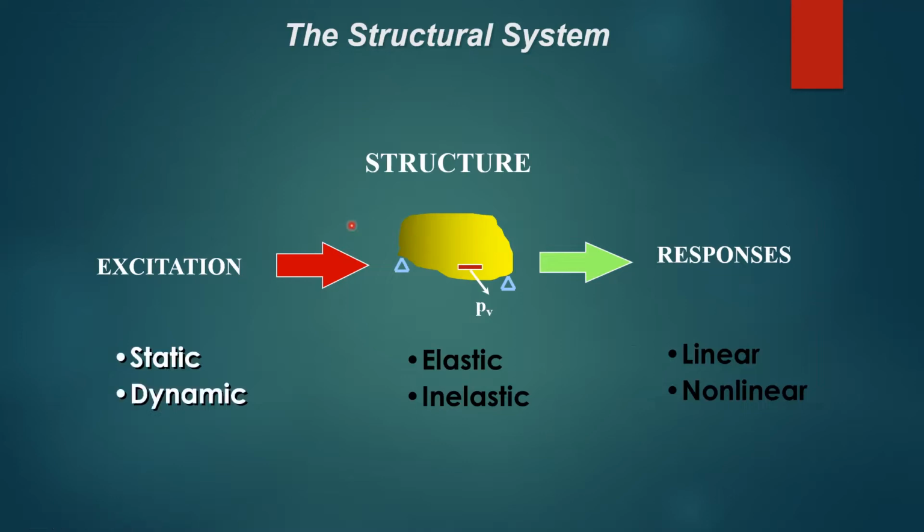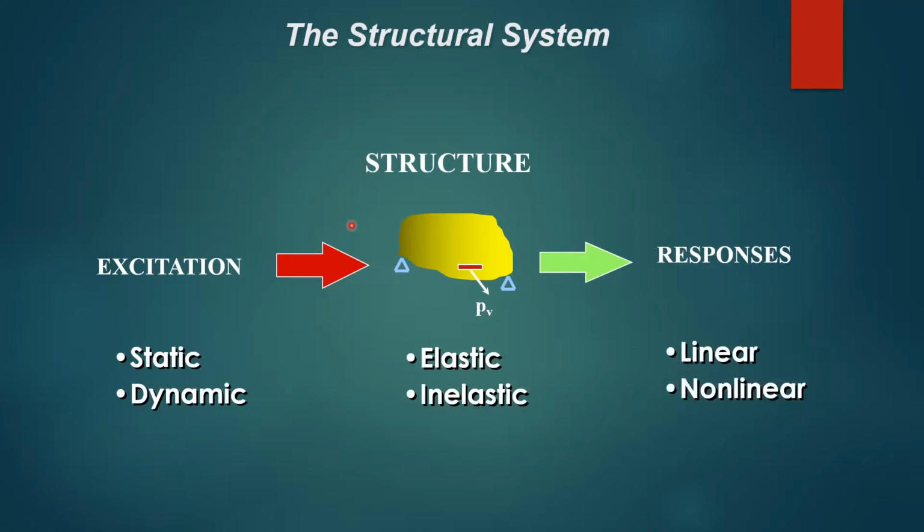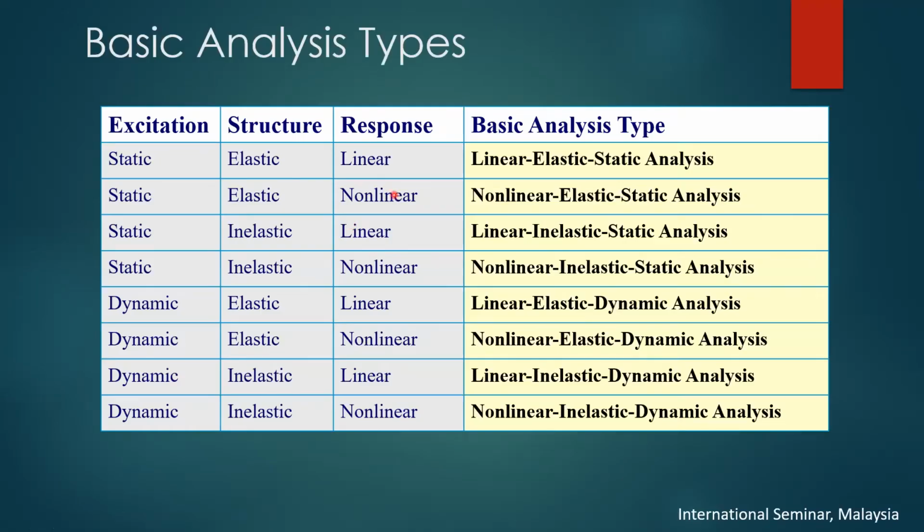Static, dynamic, elastic, inelastic, linear, nonlinear. Okay, let me show you how the basic analysis types go. The excitation, static and dynamic. We have 1, 2, 3, 4 static. We have 1, 2, 3, 4 dynamic.